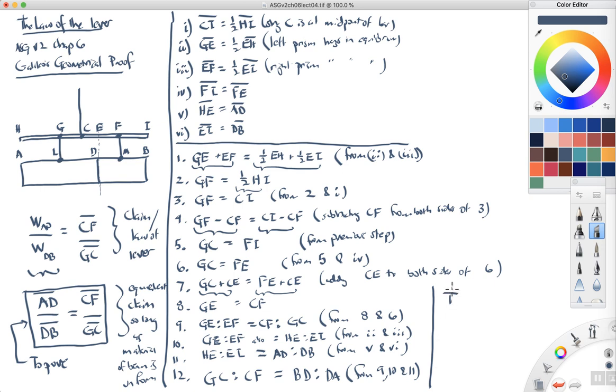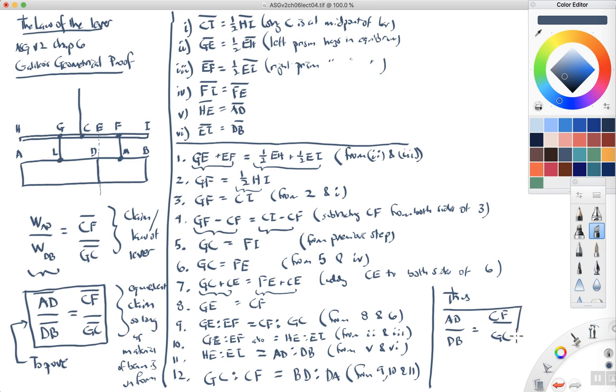So thus, we know, so AD and DA are the same thing. So AD, we're going to invert both sides of this equation. AD is to DB, so inverting this side and inverting this side, is in the same ratio as CF is to GC.